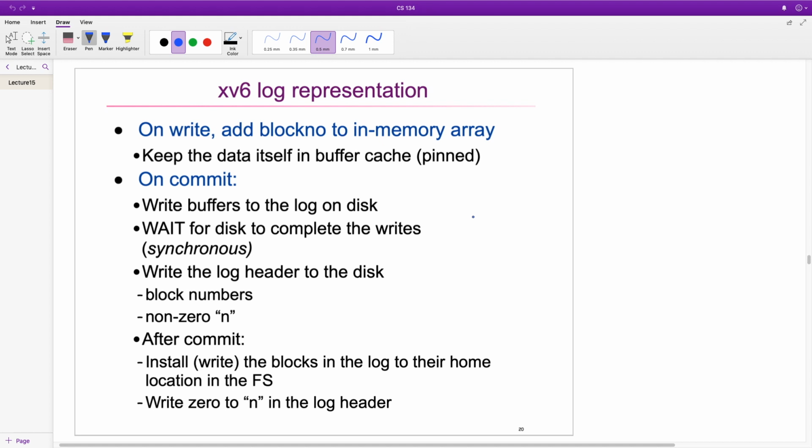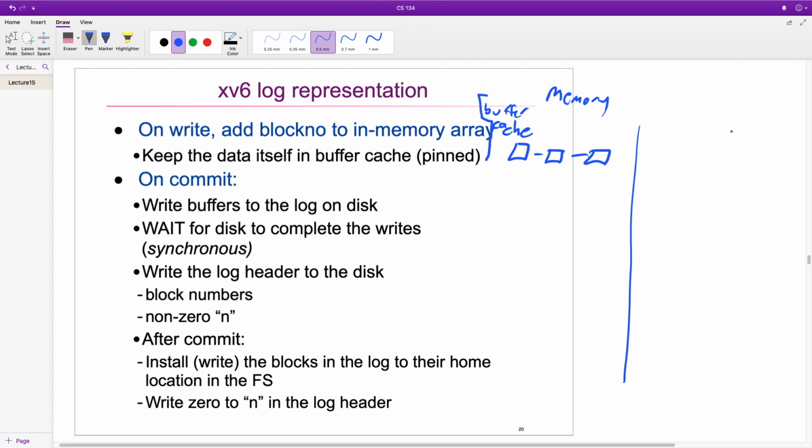So let's look at what we've got here. We've got in memory a cache. This is our buffer cache. What else do we have in memory?